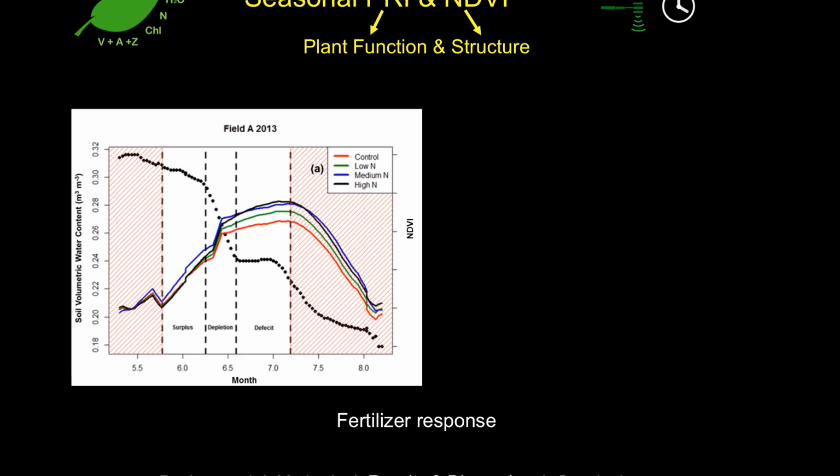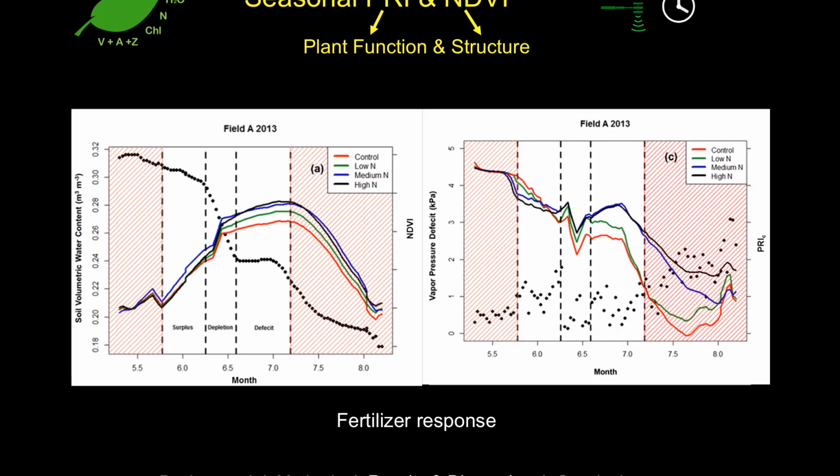So that was all of our fields averaged across. But if we want to just look at individual plots to get a better idea of fertilizer response, we see here with the black dots representing soil volumetric water content on the y-axis and just our NDVI measurements, we begin to see even a spread in NDVI where we see lower NDVI values in our control and low N plot as we progress throughout the season.